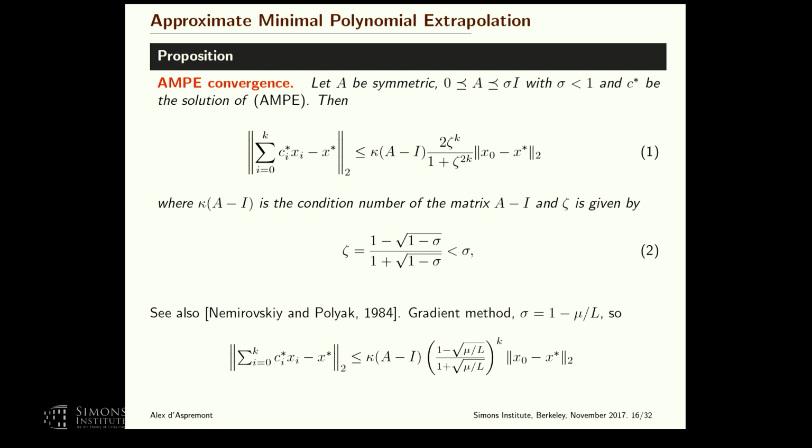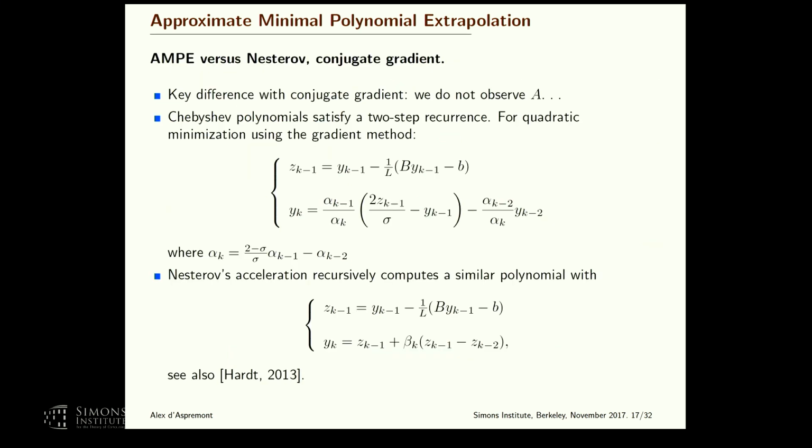Just a few words about something I forgot to say. This too is fairly classical. It's known as the Chebyshev method, and it dates back at least to Nemirovsky and Polyak, but probably earlier than that. That paper is in Russian, and I couldn't find it, but I know from second-hand knowledge that everything should be there. A reliable source here.